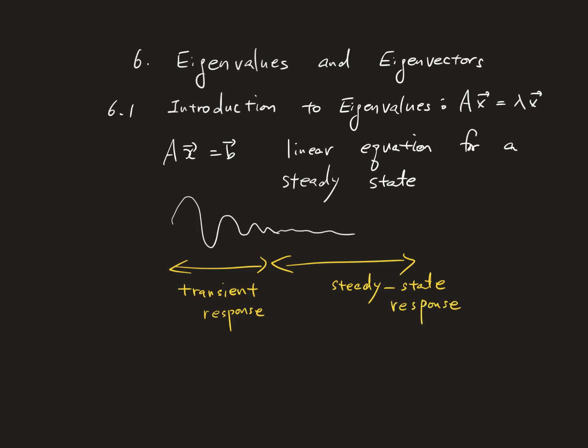So when you study a system, usually there are two states: transient response and steady state response.